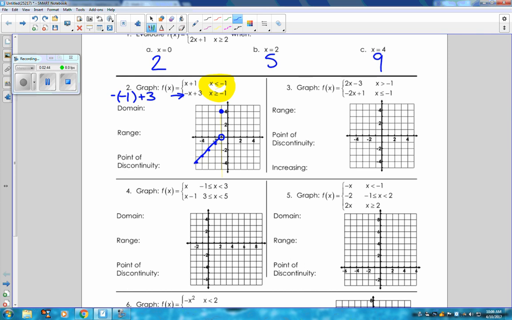Now, instead of just plugging in numbers like we have in the past, or what we did in the first part, I can actually use slope to finish graphing this. What's my slope of this equation? -1. So that means I'm going to go down, left or right.